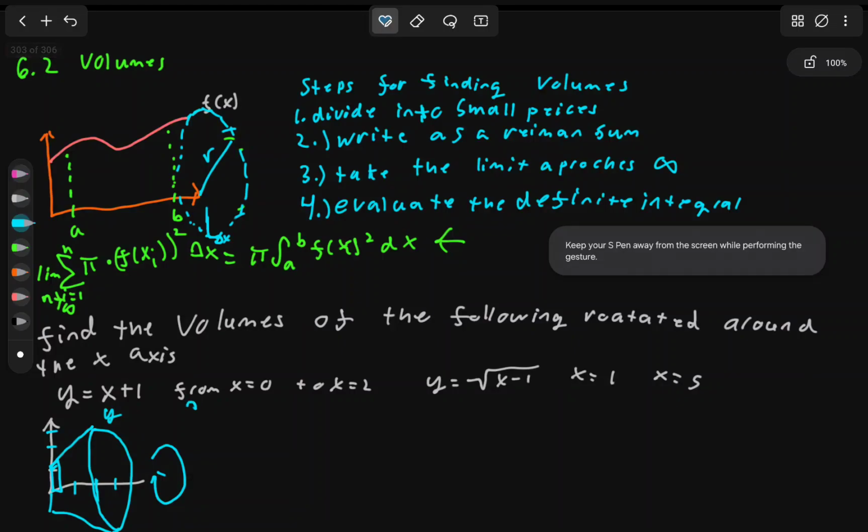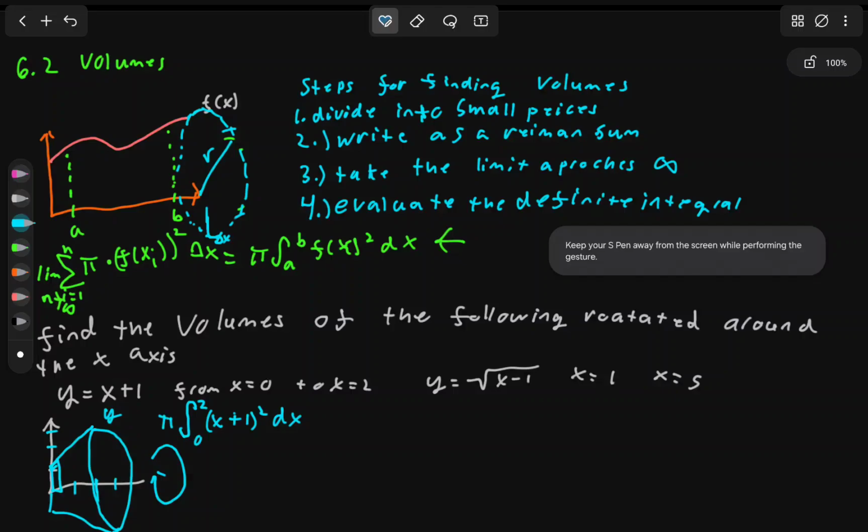So what this is really going to look like is the integral from 0 to 2 of y squared, which in this case is x plus 1, squared dx.